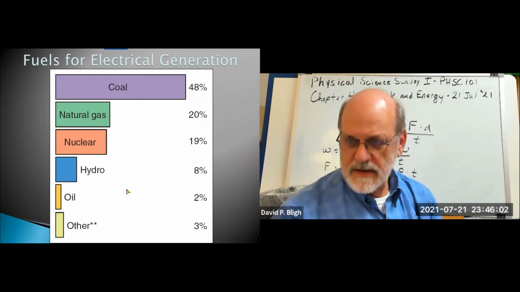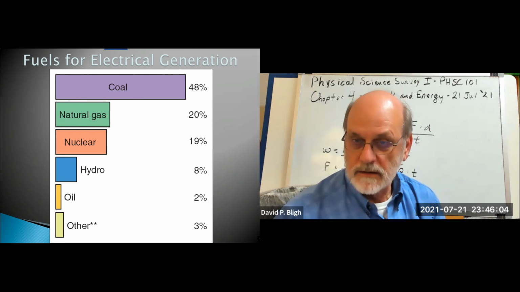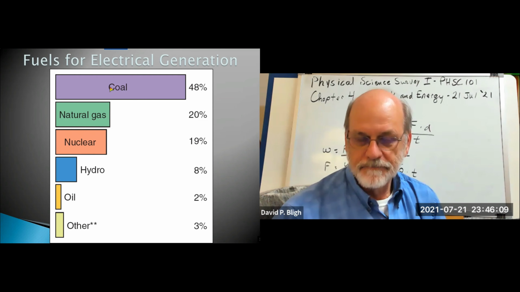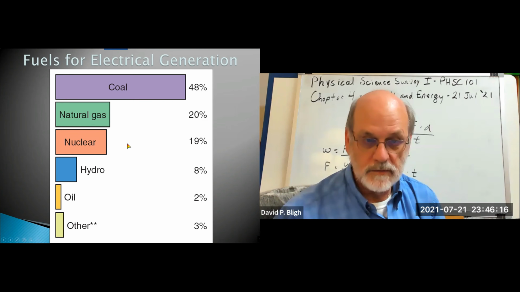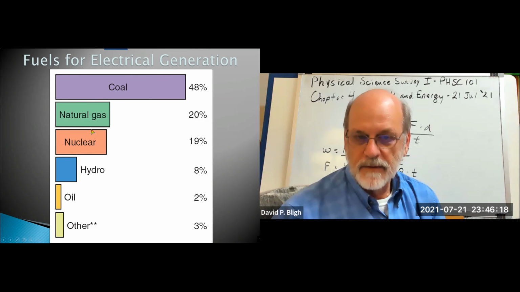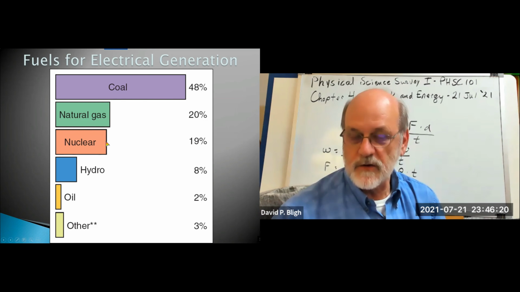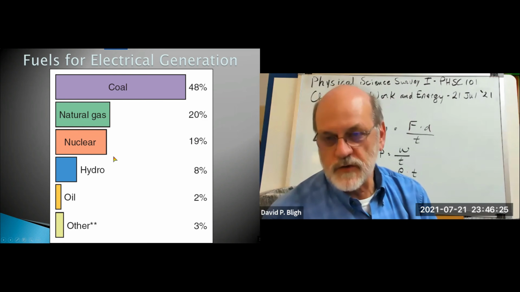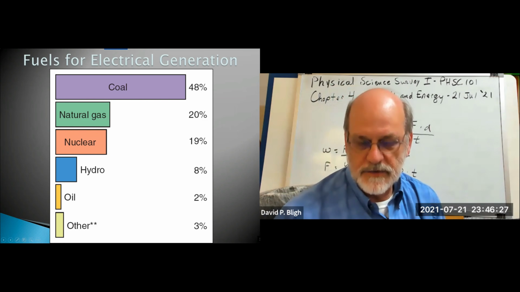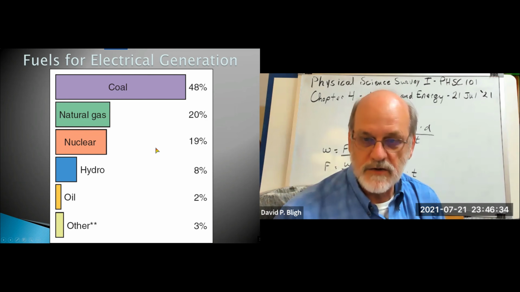All right, for the generation of power, electrical power, coal is still king. Natural gas is useful, and it's cleaner burning than coal. But the generation of electric power is also substantially due to nuclear. Not so much in this country, but worldwide, it still produces a big chunk of electrical energy.